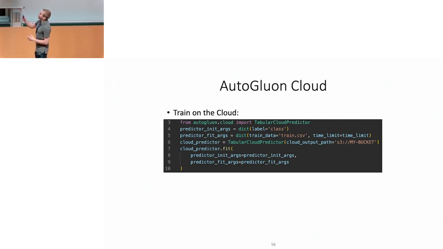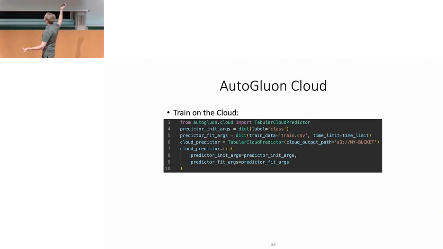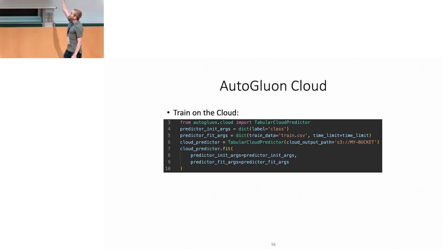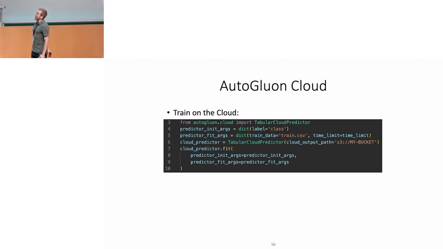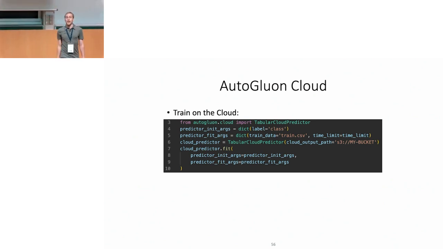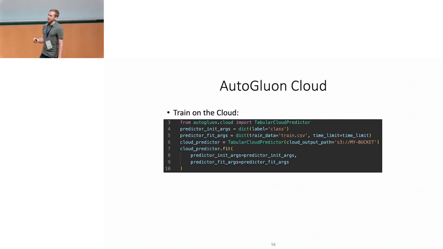Specify the label column, specify the training data, the time limit, literally the exact same things you needed to specify before, and specify which S3 bucket or location you want the output to be saved to, and then call fit, and specify the input arguments and the fit arguments that you would have sent to tabular. And it is going to then launch an EC2 instance or a cloud instance and train your model.